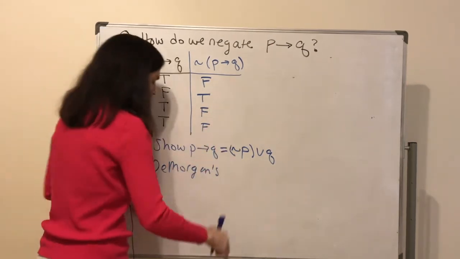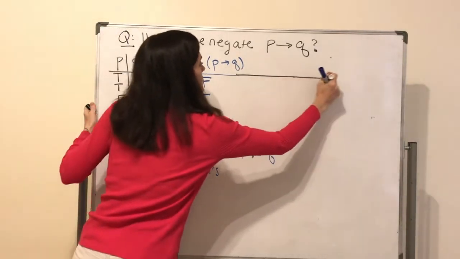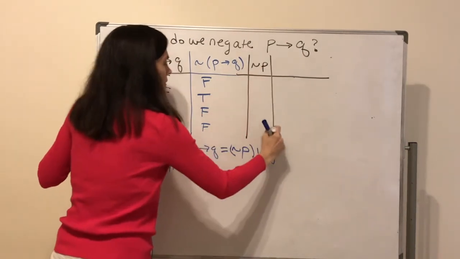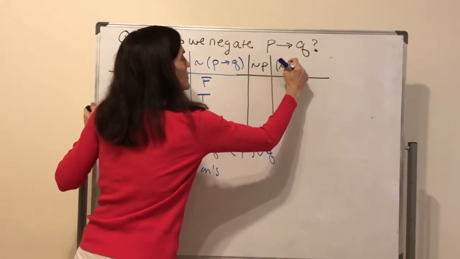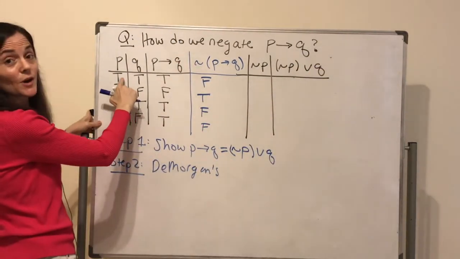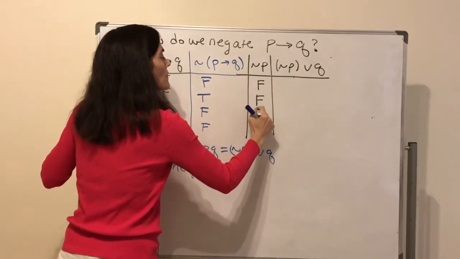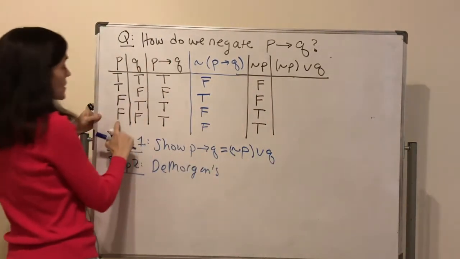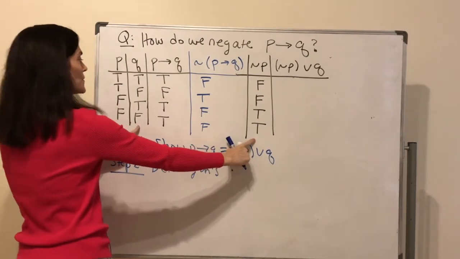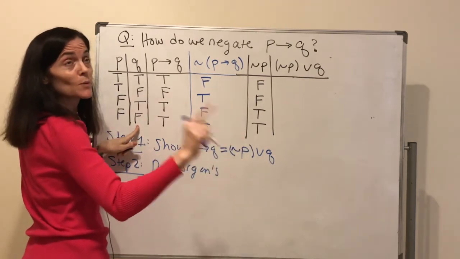So let's show this, which we are almost there. All I need is a column for not P, and then a column for my final answer, not P or Q. Not P will go F, F, T, T. And then not P or Q. Well, the only problem is when they're both false.